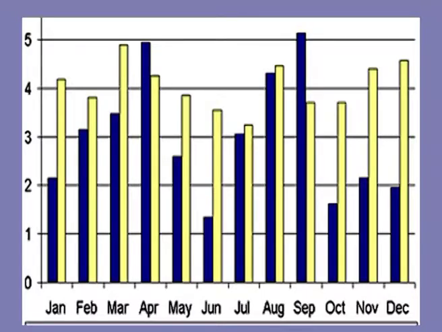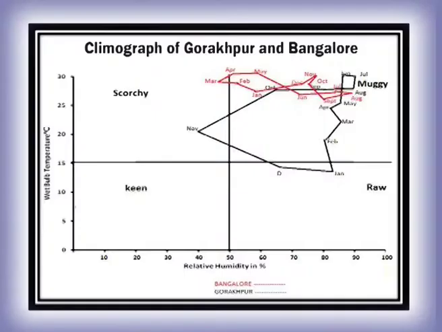Similarly, mark the remaining 11 points: February, March, April, May, etc. Join the points in order to obtain the 12-sided figure, which will be called the climograph for the respective regions. Here we have constructed the climograph of Bangalore and Gorakhpur.